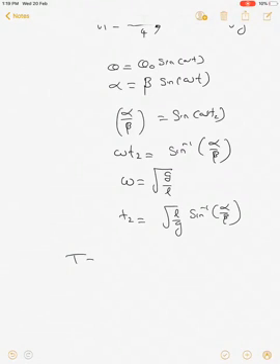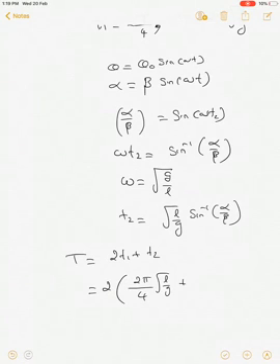So the total time is 2 times (t1 plus t2), which is 2 times (2 pi under root of L divided by g divided by 4, plus under root of L divided by g into sine inverse of alpha divided by beta).